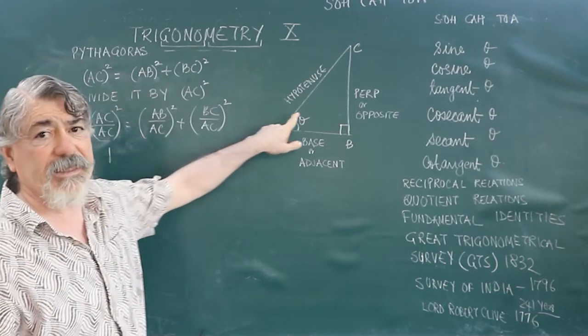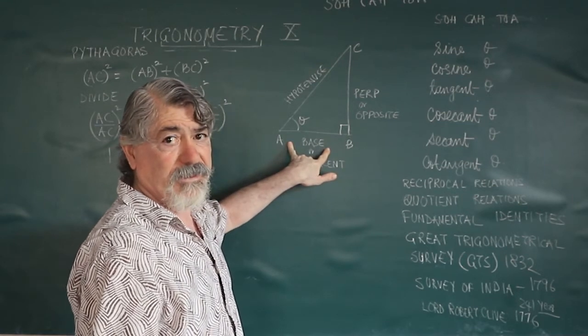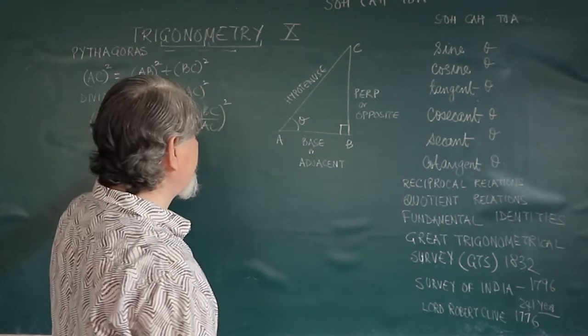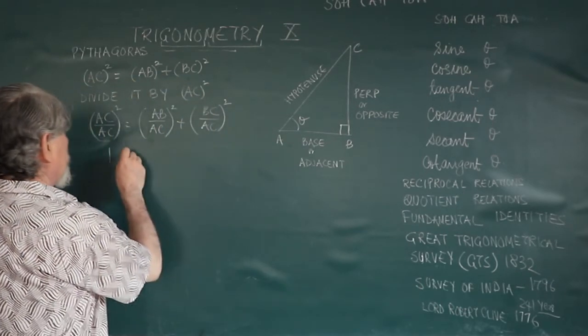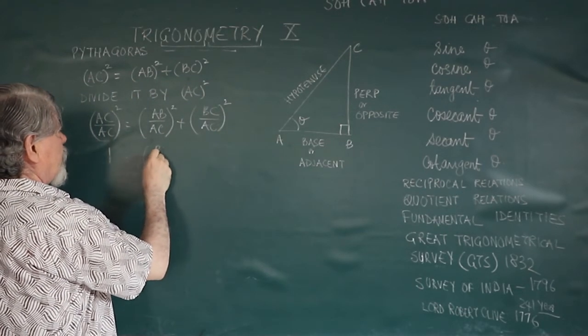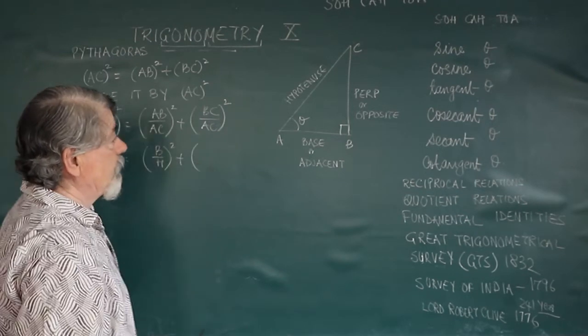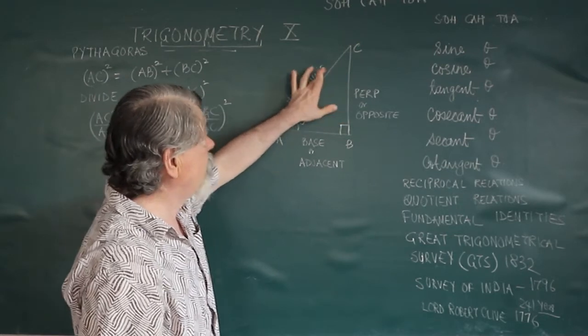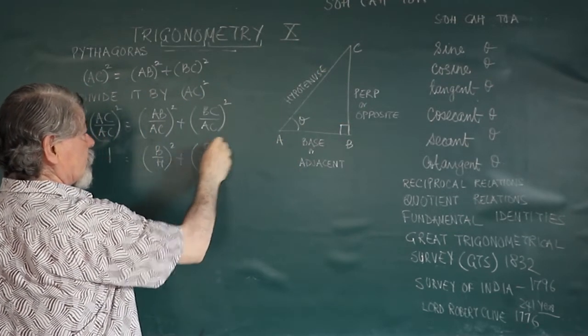AB upon AC. I am taking the reference angle as theta. AB is what? Base. AB is base. And AC is hypotenuse. So base upon hypotenuse whole square, and this is BC. BC is perpendicular upon hypotenuse, whole square.